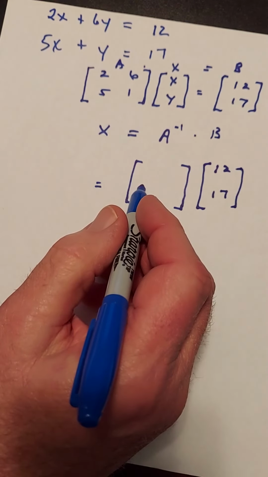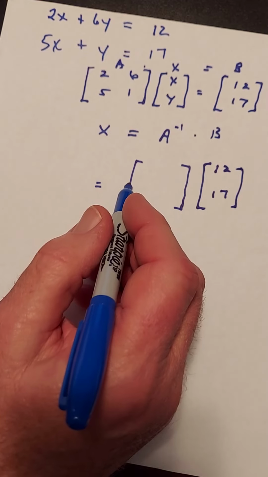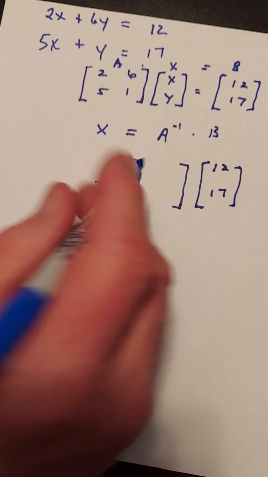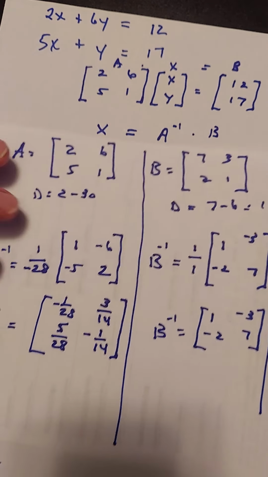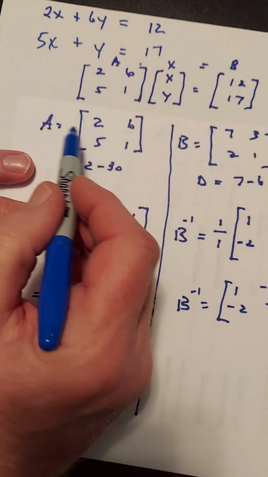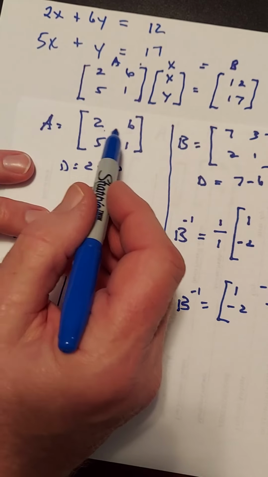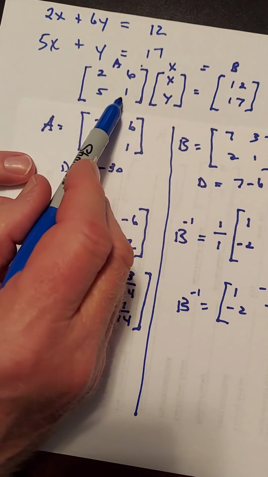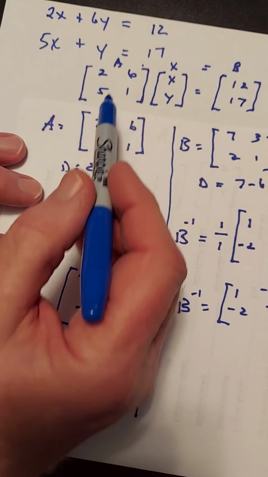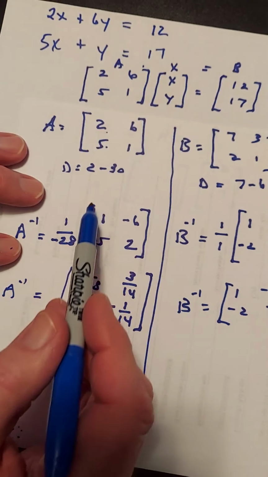So what is the inverse? Well, if we go back over here, I'm going back to this page I just finished. If you'll notice, matrix A on this page was 2, 6, 5, 1, which matches 2, 6, 5, 1 here. So I'm going to save the trouble of going through all of that.